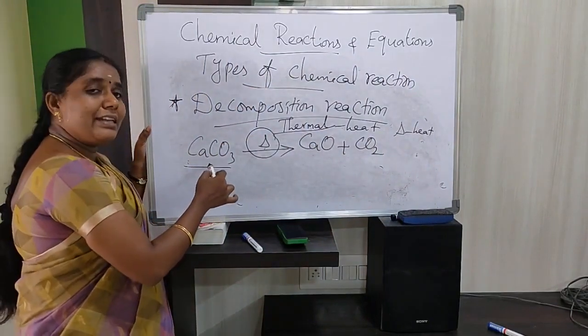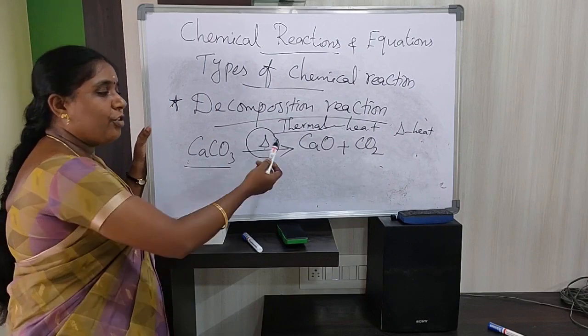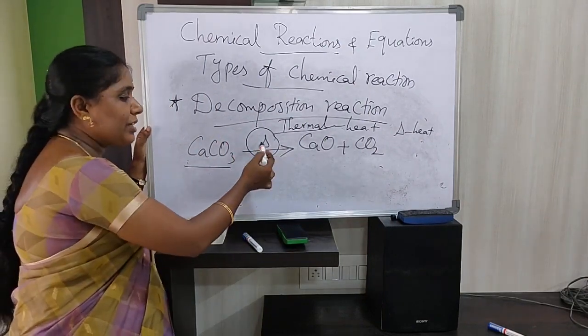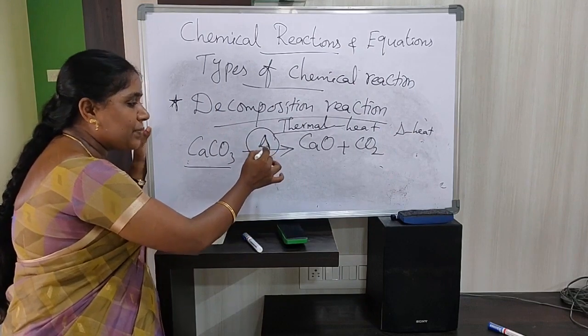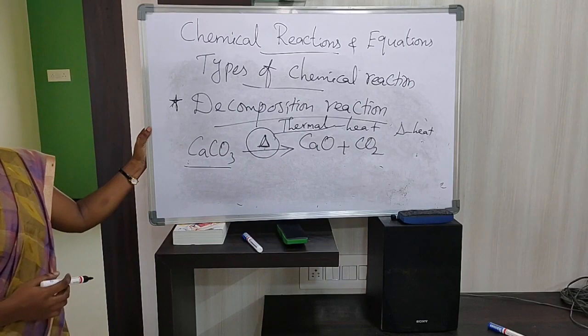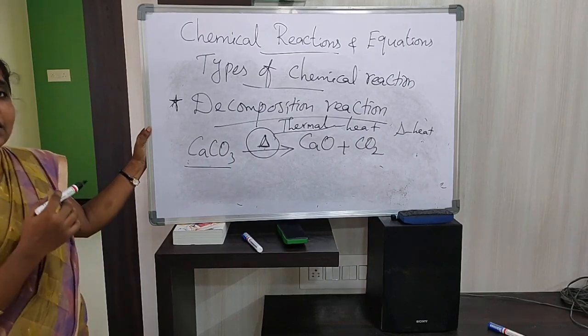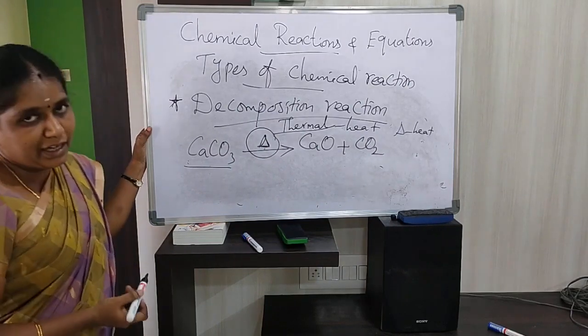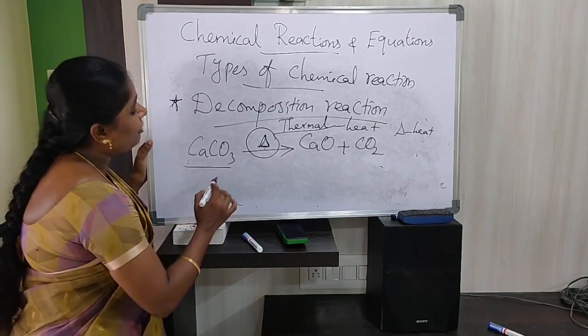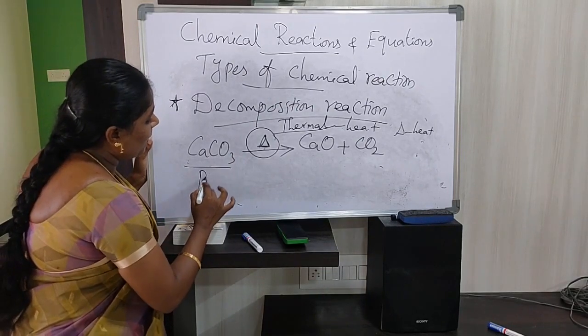Do you remember? So on heating calcium carbonate, it forms calcium oxide and carbon dioxide. This decomposition reaction takes place in presence of heat. So this type of decomposition reaction is called thermal decomposition reaction.